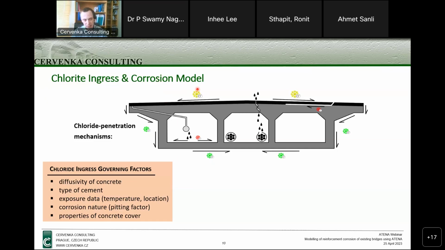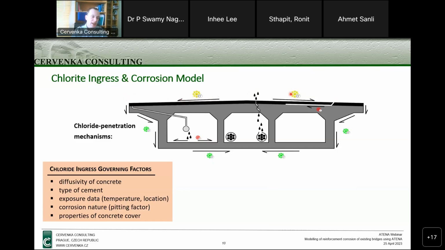Typically the highest chloride concentration is applied at the top surfaces, where especially if you are from the regions with, let's say, tough winter, the de-icing agents used for the road maintenance in the winter season are based on some chloride containing chemicals and salts.